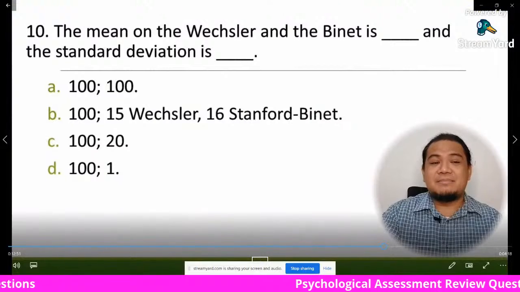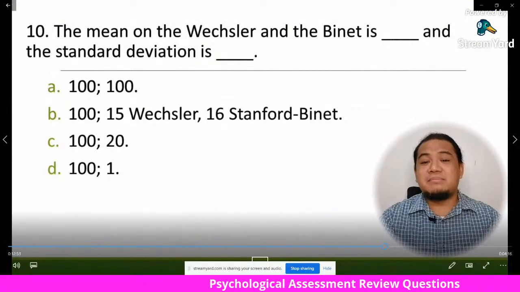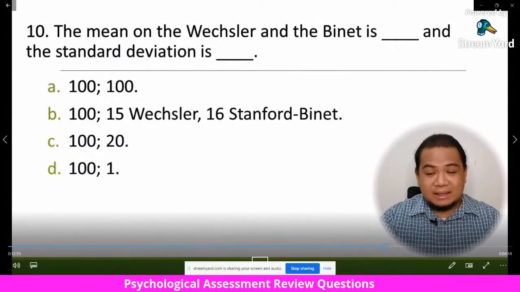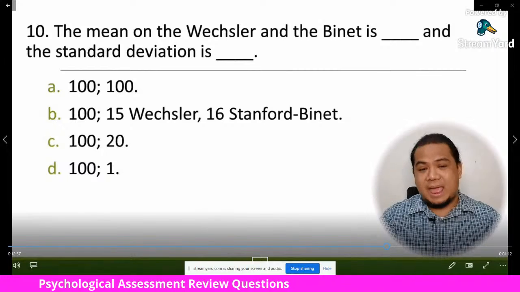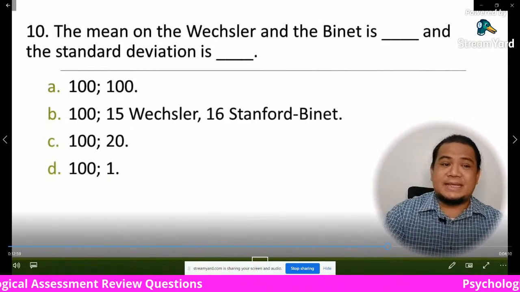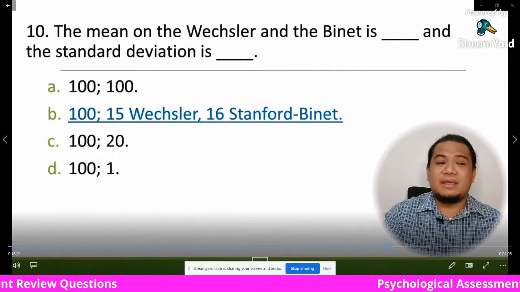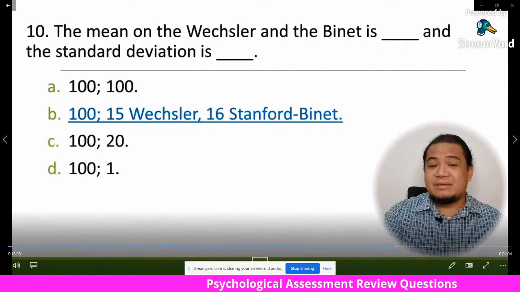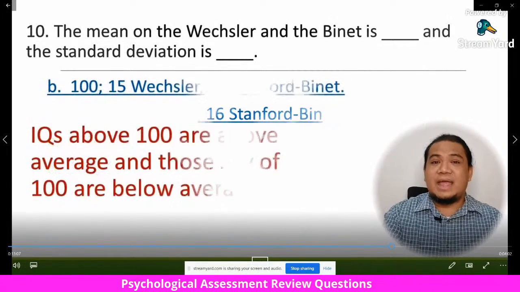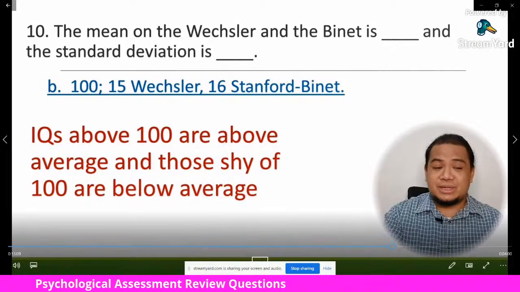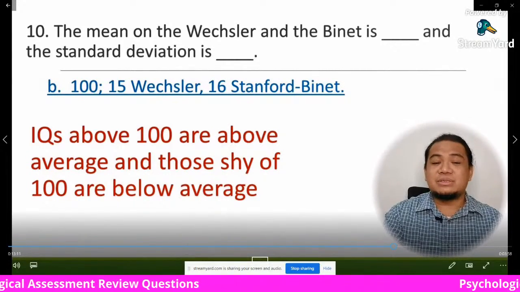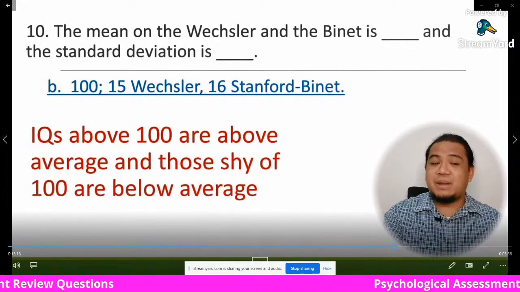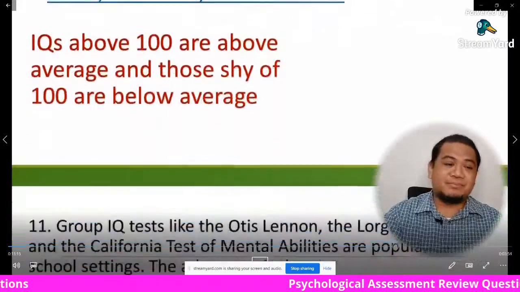Number 10, the mean of the Wechsler and Binet is blank, and the standard deviation is blank. And the answer is letter B, 100, 15 for Wechsler, and 16 for Stanford-Binet. IQs above 100 are above average, and those shy of 100 are below average.